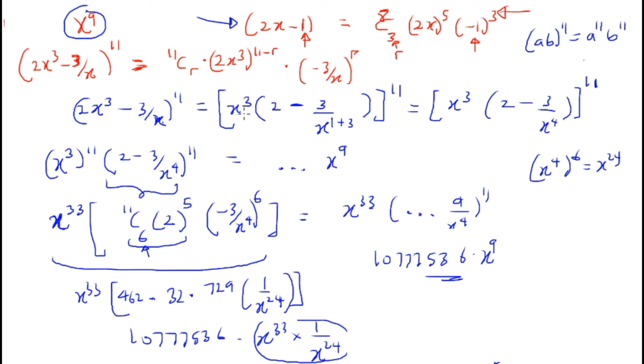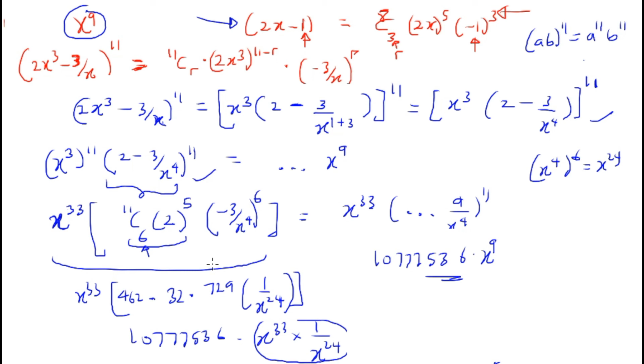What you just need to do is bring out the common factor, which is x raised to power 3. If you bring out the common factor, then you will have something of this nature. You can distribute the power.